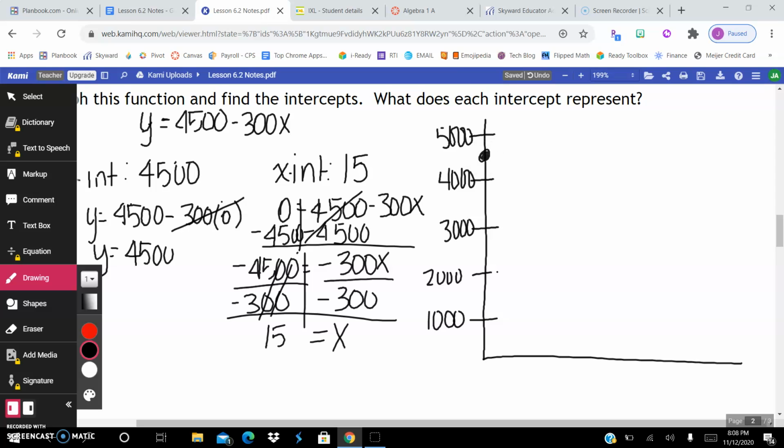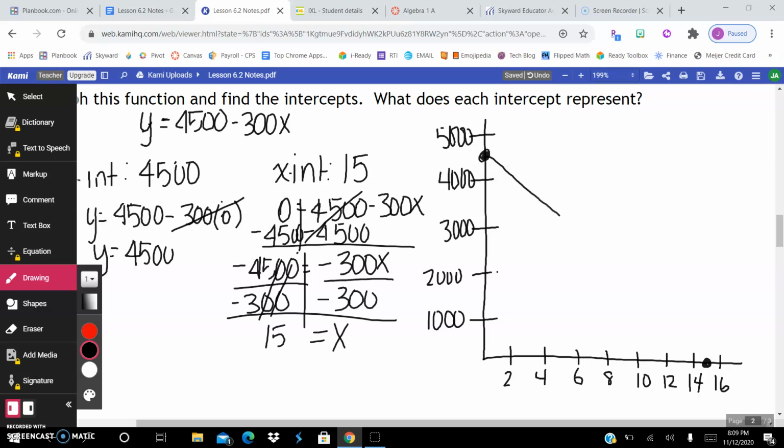And then the x-intercept is 15, so I think I'm going to go by 2s. So we have to go big enough that they fit, but also small enough that we can see details. So 15 would be right there.